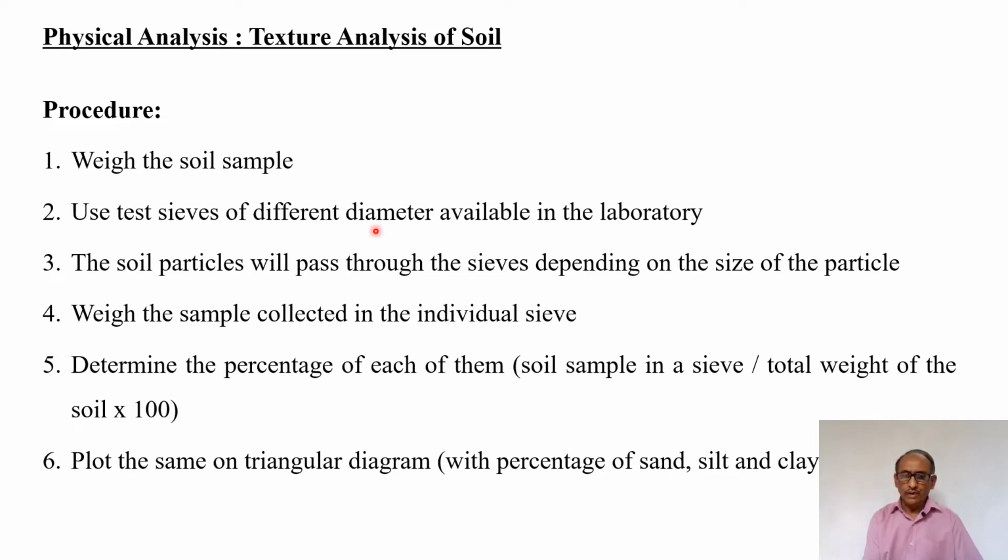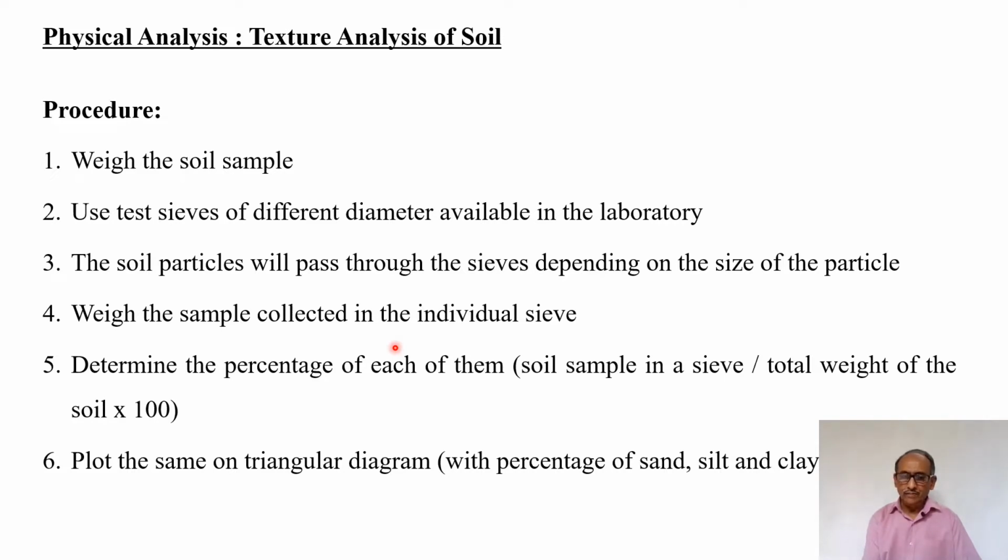So once you classify your soil sample into three categories, sand, silt, and clay, then these soil particles are again measured. That is, what is the weight of sand particles in the soil, what is the weight of silt and what is the weight of clay particles in that.